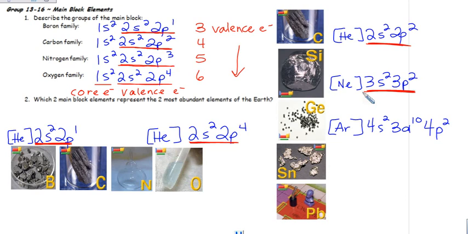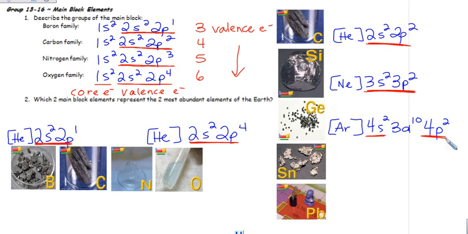Now look at germanium. The highest energy level occupied by electrons is the 4th. So we want all the electrons in that highest 4th energy level. There are still 4 valence electrons.